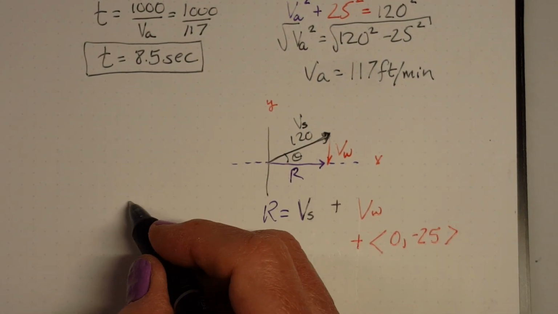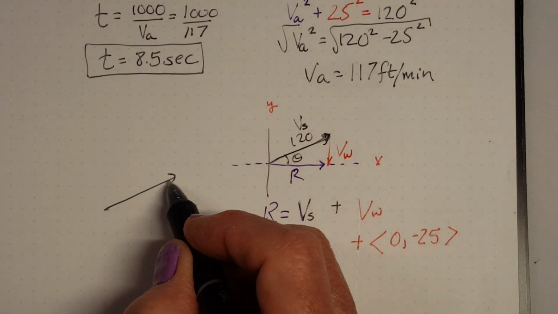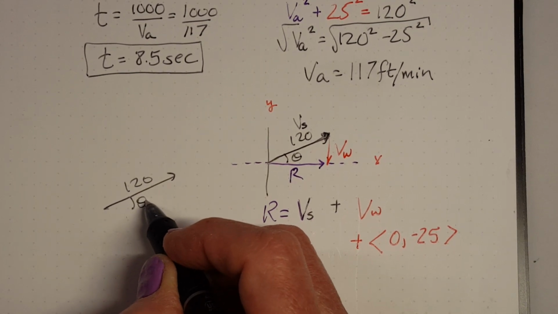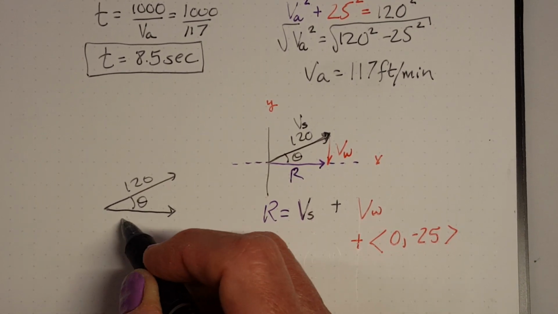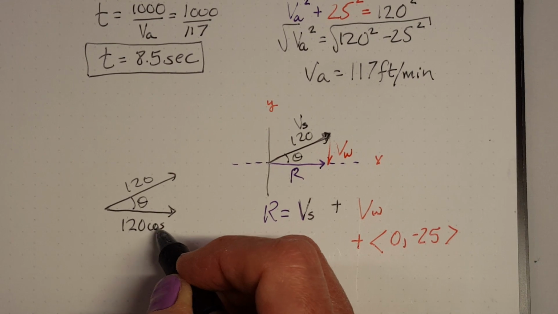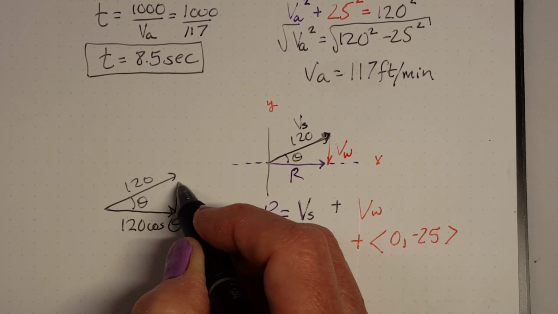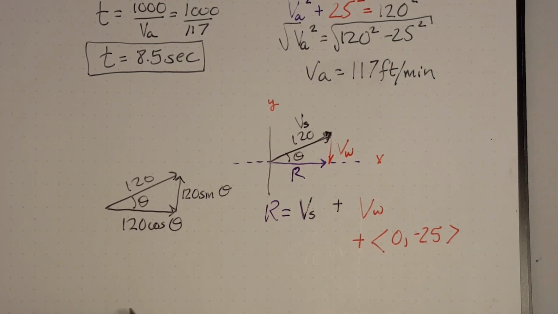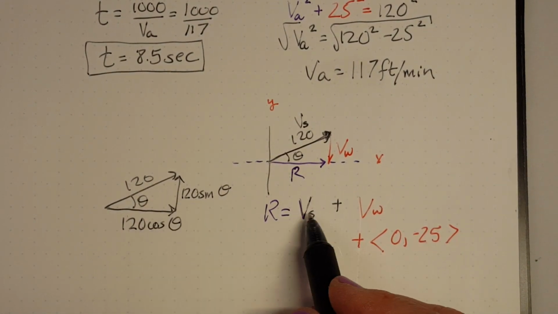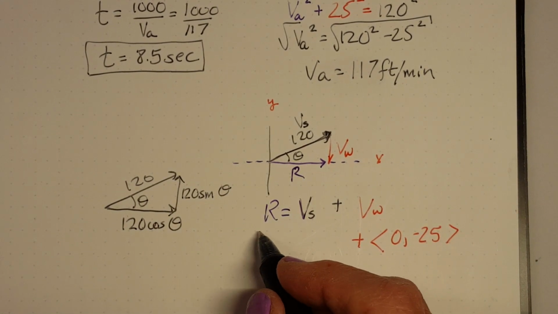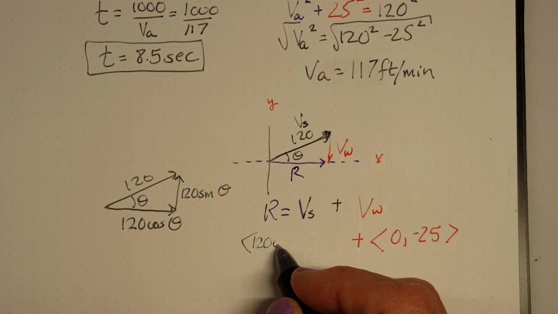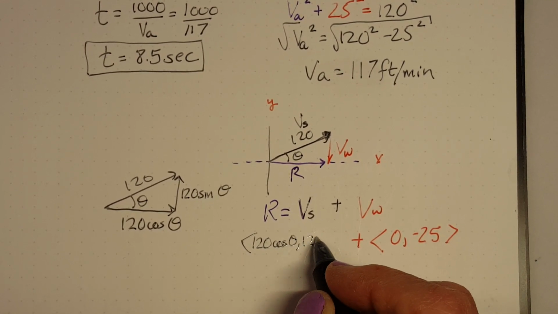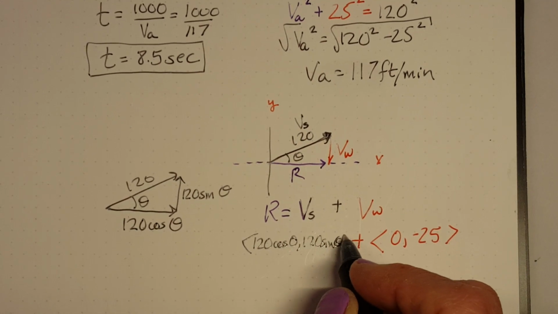And I would say that across the river vector has a component of 120 times the cosine of the angle she heads and 120 times the sine of the angle she heads. Right? So those are the components of this vector. 120 cosine and 120 sine of the angle.